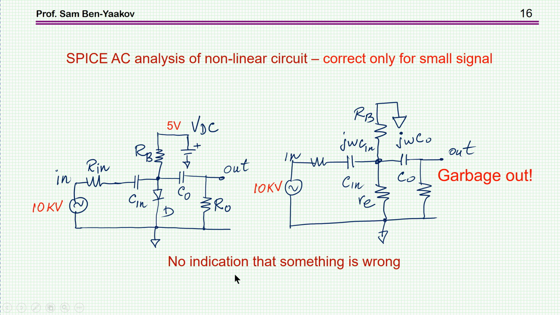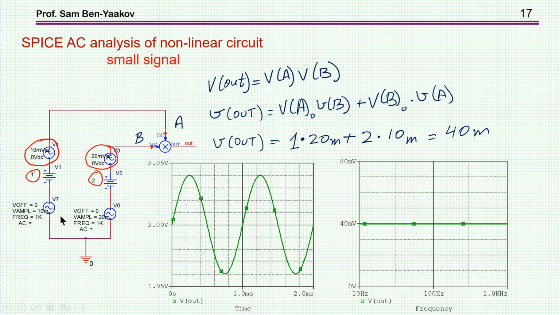SPICE will give you no indication that something is wrong, because for SPICE, this circuit is legal. There's nothing wrong with it. It's a circuit, there's a 10 kilovolt input, and there is an output, and that's it. But obviously, from the practical point of view, this is completely garbage, because this does not represent this circuit with a 10 kilovolt input signal.